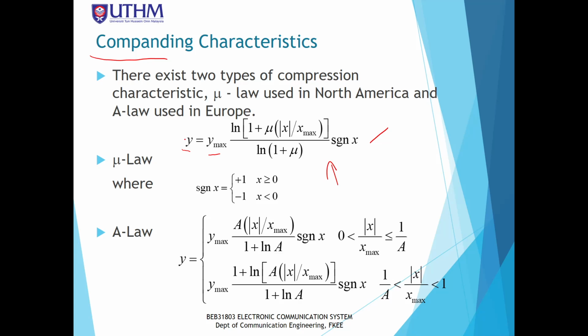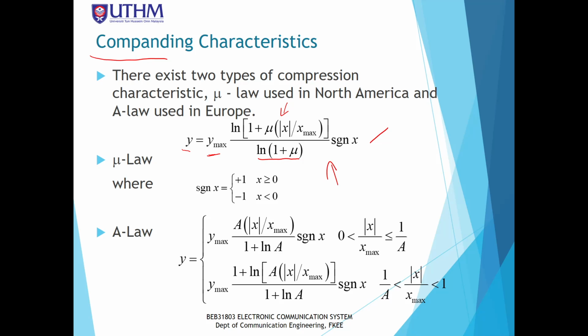The output equals the maximum output times ln(1 plus mu times the input), where x is the modulus of the input divided by maximum x, over ln(1 plus mu).